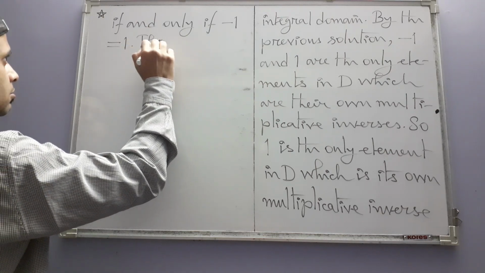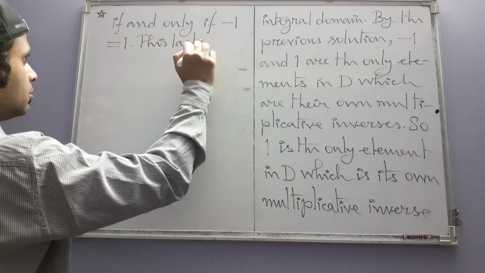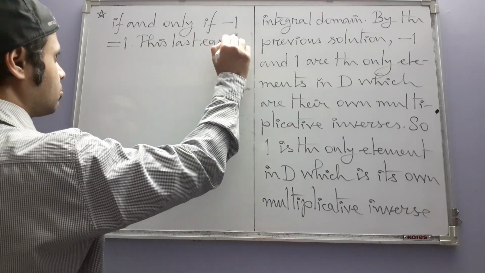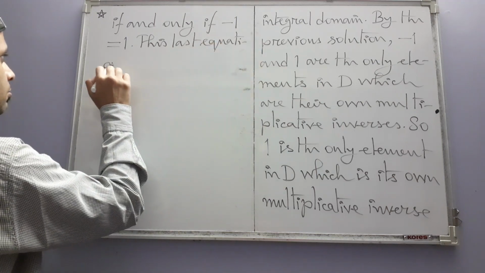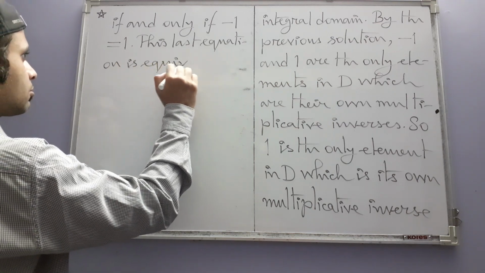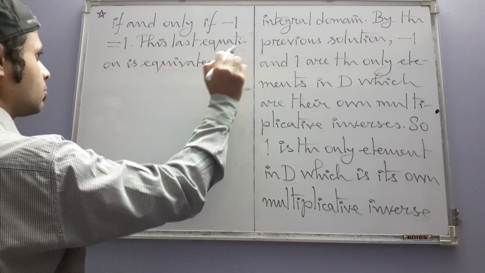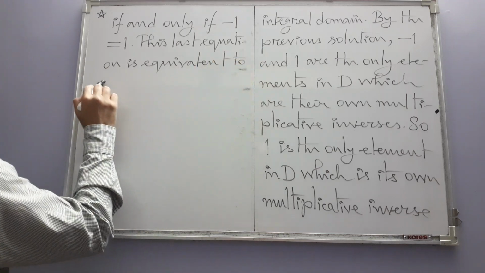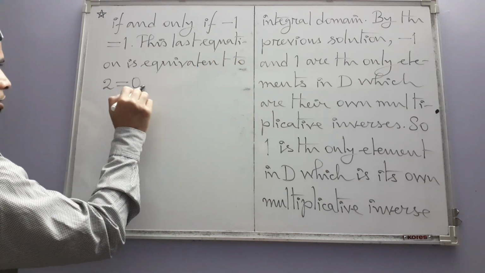This last equation is equivalent to 2 being equal to 0.